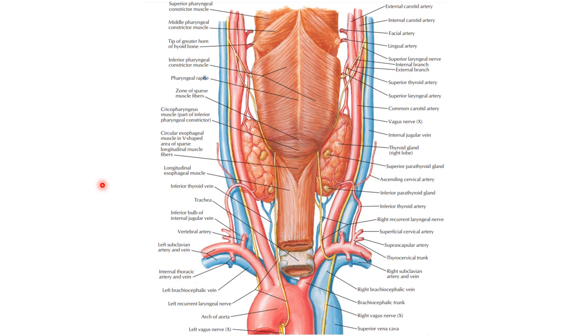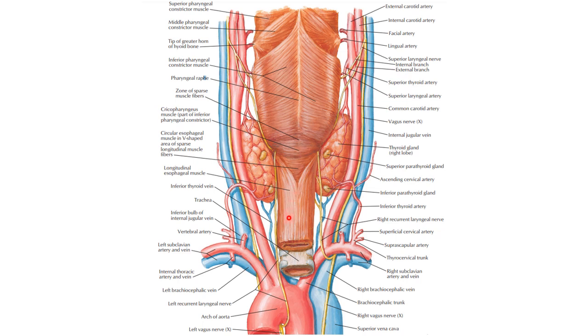Next, this picture will show you the posterior view of the neck, in particular the viscera and the vasculature of the neck. So this structure right here in the middle would be the pharynx, and this would be the cricopharyngeus, which is the most prominent circular muscle of the pharynx and serves as the superior esophageal sphincter.